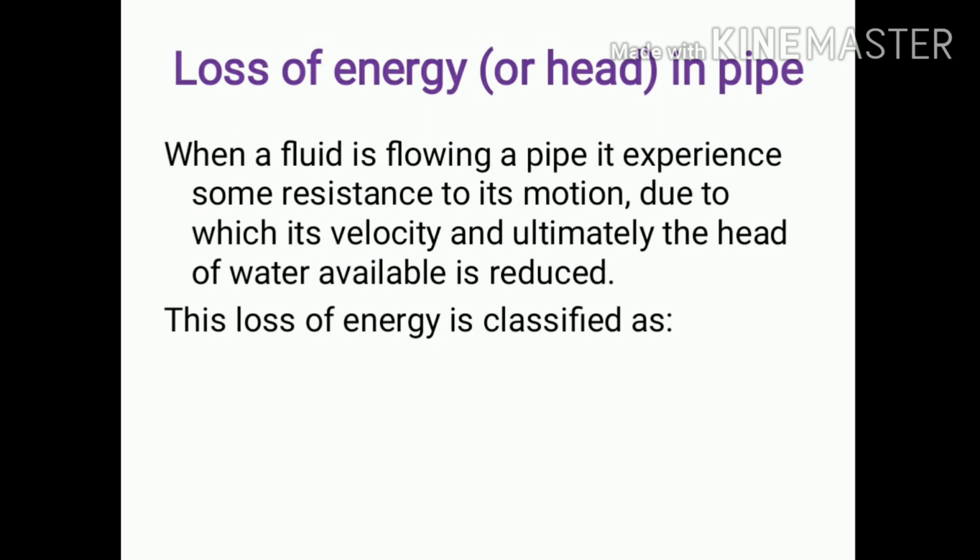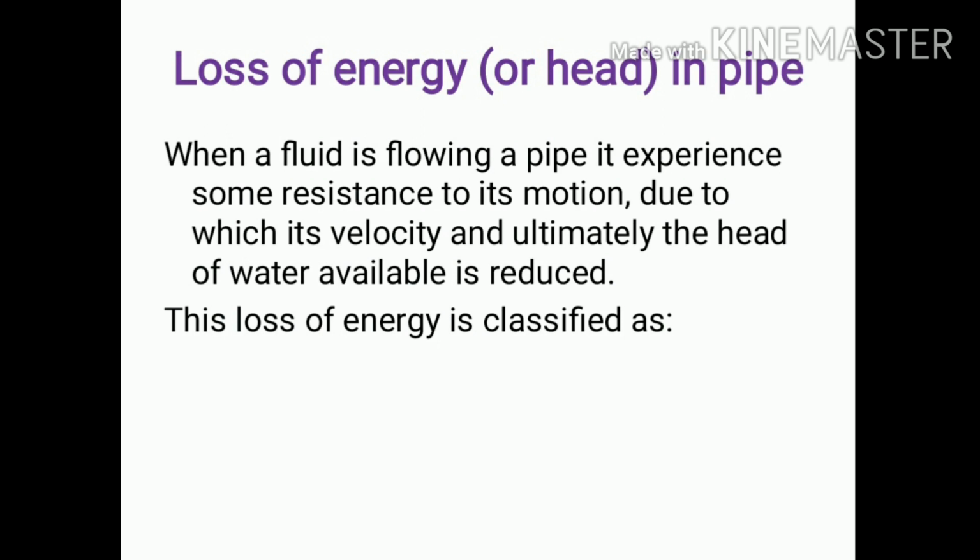If you remember, we have seen different types of energy in the form of head while studying Bernoulli's equation. What is Bernoulli's equation? It simply says that the energy remains constant: potential energy, kinetic energy, and pressure energy. P1 upon rho g plus V1 square by 2g plus Z1 is equal to P2 by rho g plus V2 square by 2g plus Z2, which is equal to constant.